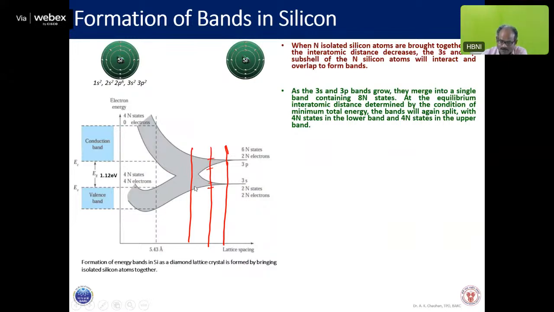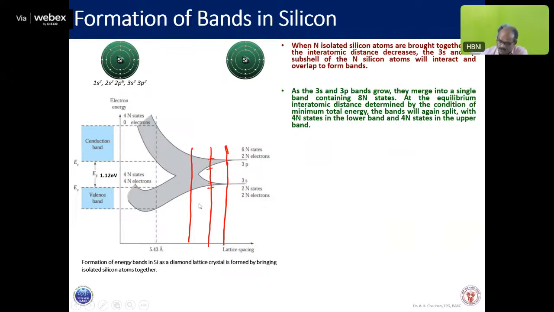electrons available. How many electrons are there? There are 4n electrons, and how many states are there? There are 8n states. So all the 4n electrons will occupy the lower energy states, and all the higher energy states will remain empty, and there will not be any gap. So the electrons at this point can attain any energy, they can take a little more energy, they can move.